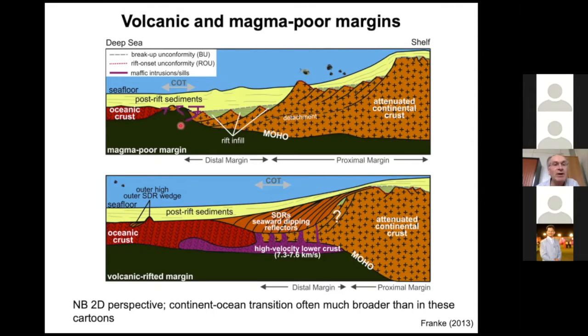Then we see a region where there's essentially no crust, and the mantle was exposed at the seafloor at the time of rifting. And then we see oceanic crust further seaward.